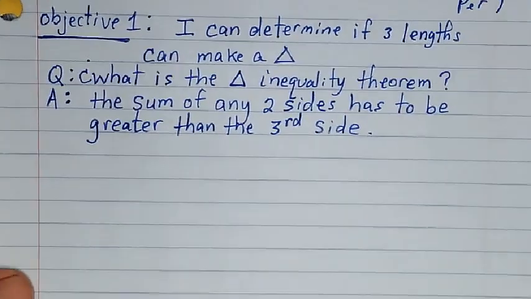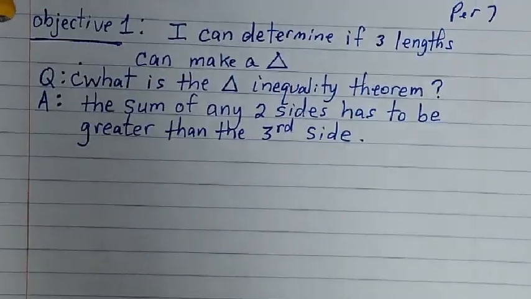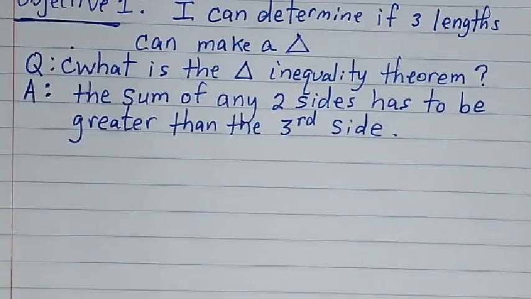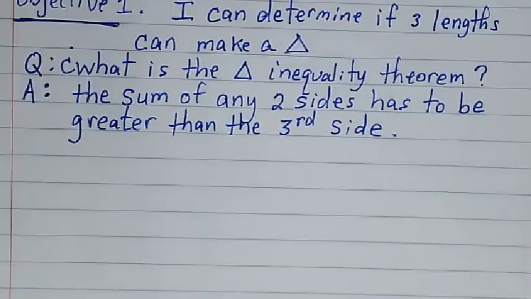Write it down. The sum of any 2 sides has to be greater than the third side. I'll give you an illustration, an example, another example, then we'll go on to objective 2.